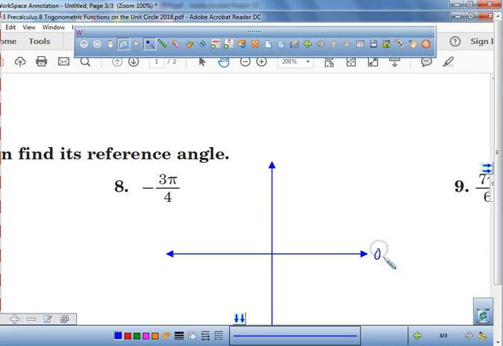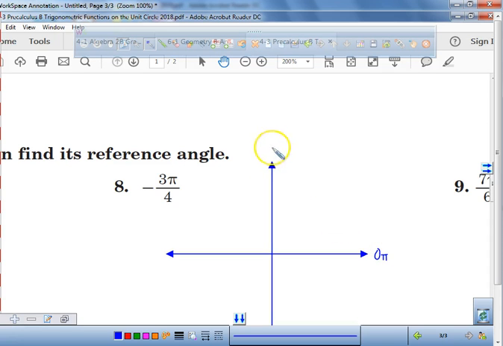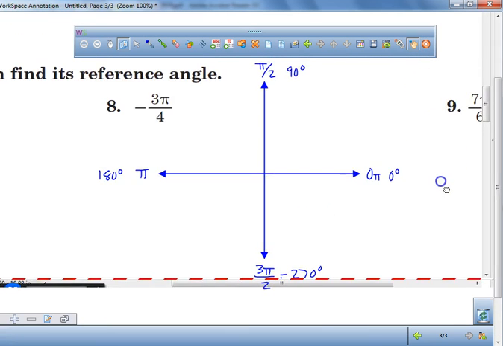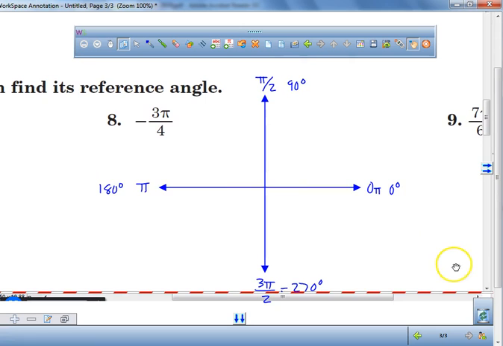I'm going to call this 0 pi, which is still 0 degrees. I'm going to call this pi over 2, which is 90 degrees. This is pi, which is also known as 180 degrees. And this is 3 pi over 2, which is the same as saying 270 degrees. Right.